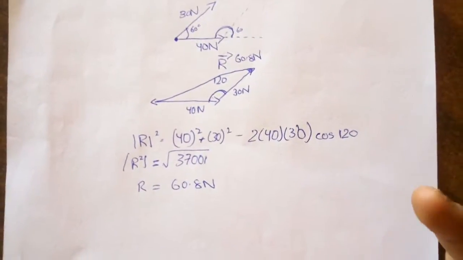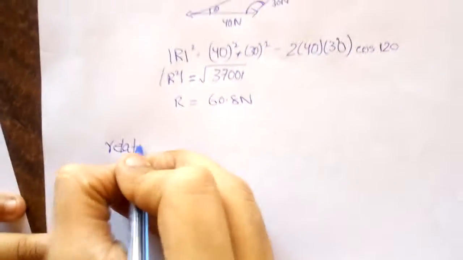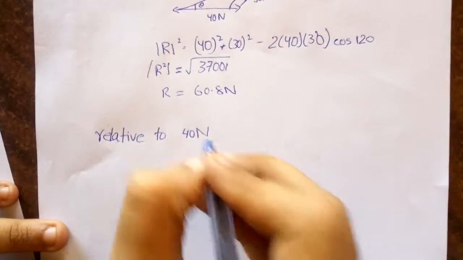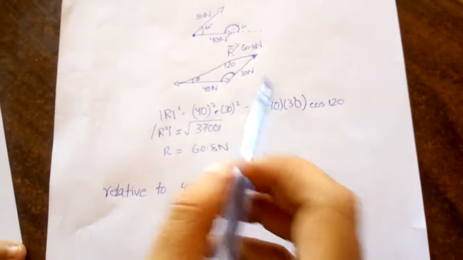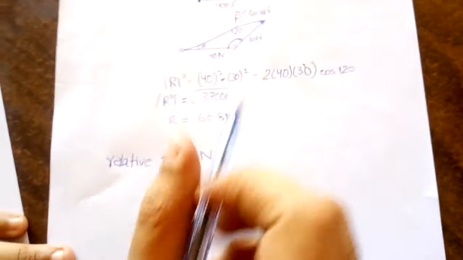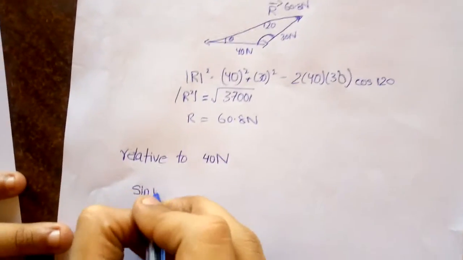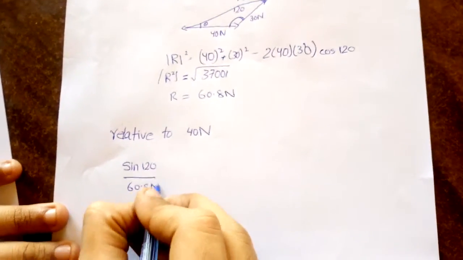So now let's find the angle over here relative to 40 newtons. As you can see, we can use the sine formula over here. It will be sine 120 over 60.8. In this formula we always take the opposite sides.